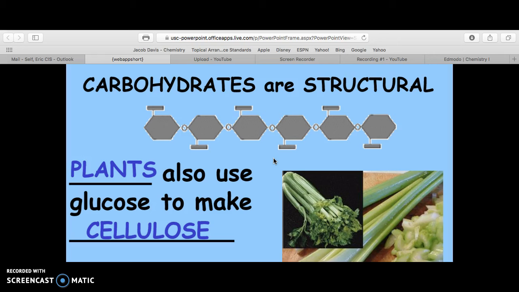So when you're looking at celery or any type of plant that has sturdiness to it, you know right away that there is cellulose in that plant. That could be anything from a tomato plant to a celery plant to a cabbage, lettuce, whatever it is. So there is lots of cellulose in those. So again, our body will break those down into sugars.